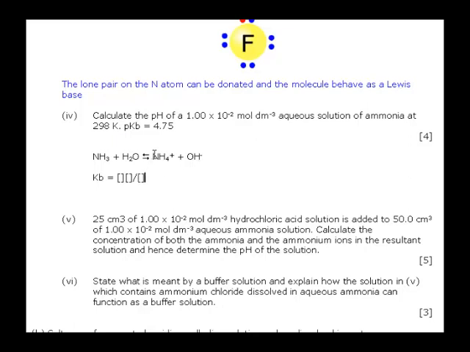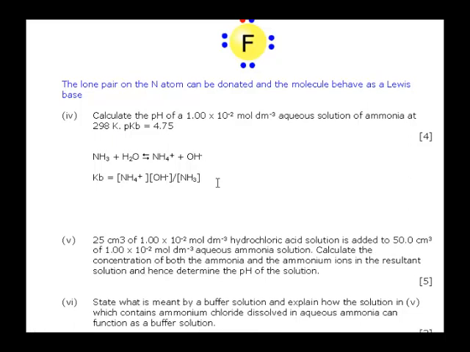Remember, it's the products divided by the reactants. And we ignore the water because water is in vast excess and doesn't appear in the expression. It's effectively constant, so it doesn't appear in the Kb equation.